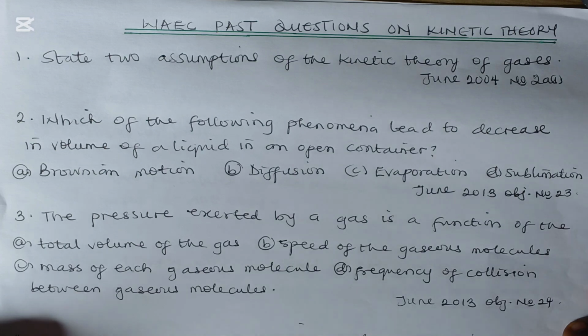Let me quickly point out the 2 laws. Only a few of these laws are obeyed by the real gas. 2 of these laws cannot be applicable to real gases. The first one here is that the collisions of the gas molecules are perfectly elastic. No, for real gases, the particles do not really collide perfectly.